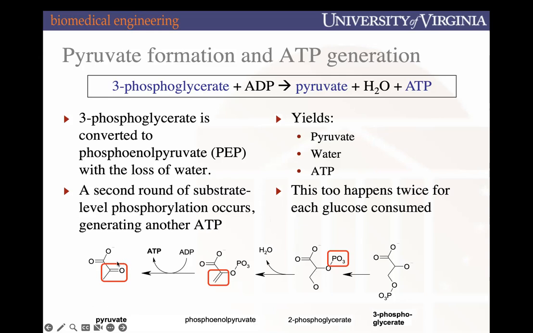To take a step back, the take-home message on this slide is that from 3-phosphoglycerate, we're going to get 1 pyruvate and 1 ATP. Again, this is happening twice for each molecule of glucose.